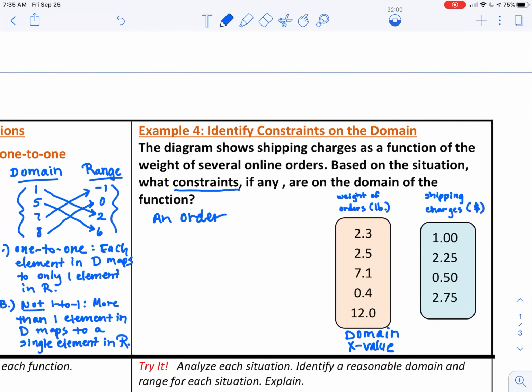So let's write this. An order must have weight that is greater than 0.